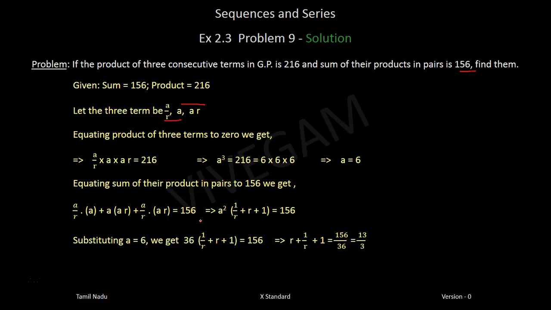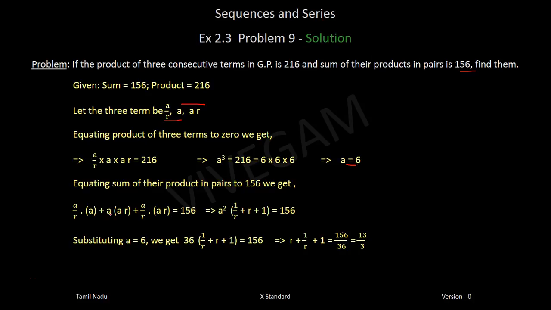Now what you have to do is substitute the value of a. We know it is equal to 6. So substitute this value here. Actually, then what will happen? This will be a square by r, this is a square r, and this will be a square, where r and r get cancelled.